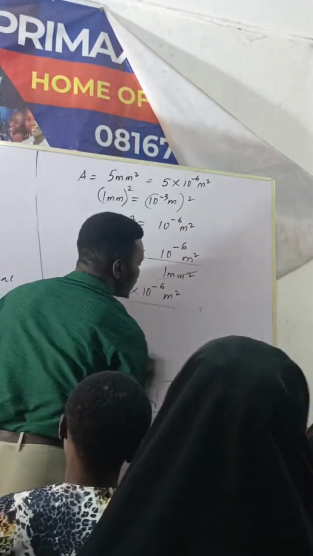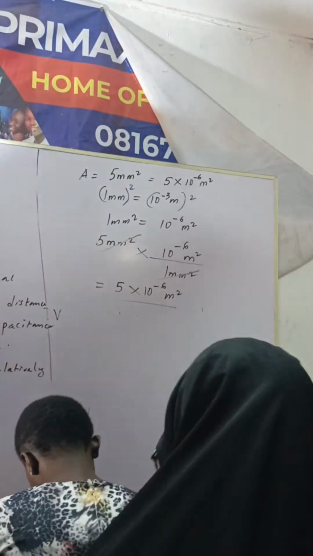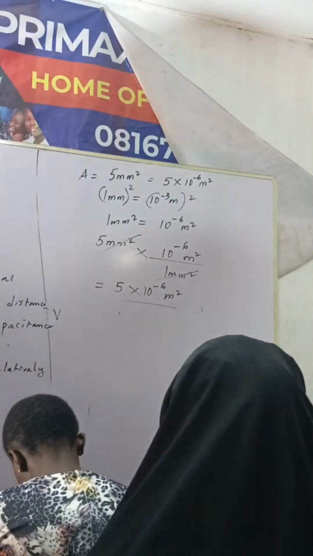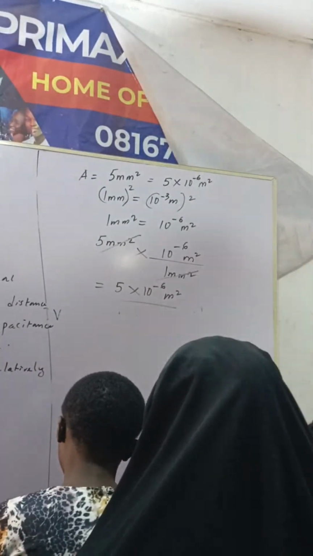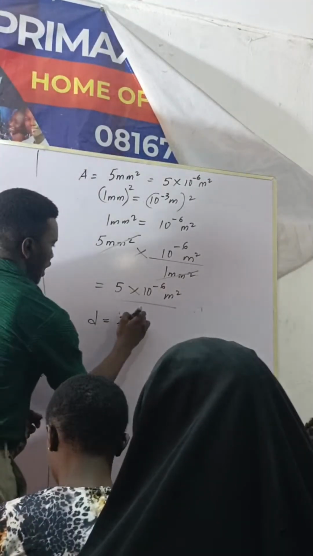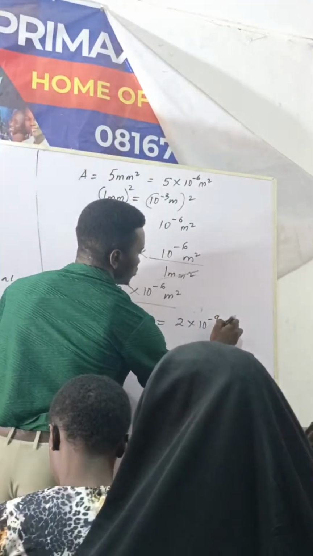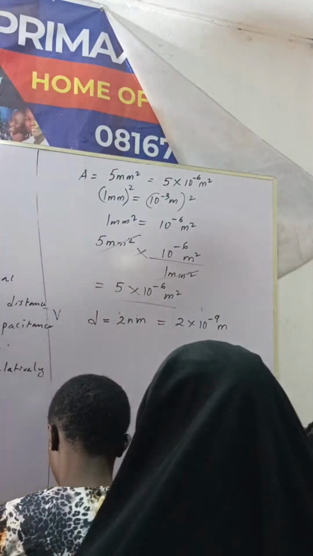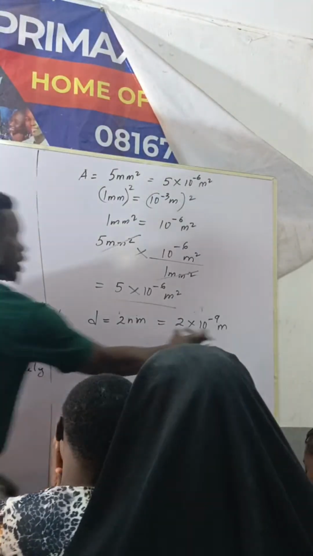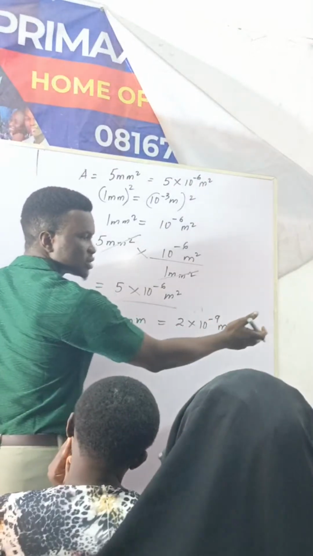So now that we have our area, we have our distance. What's our distance? Linear conversion is always easy. What's nano? 10 raised by minus 9. So that means that d, which is 2 nanometer, is the same thing as 2 times 10 raised by minus 9 meter. You don't need to square it because it's a linear conversion. If it is square, then you will square this one too. And that will give 10 raised by minus 18.